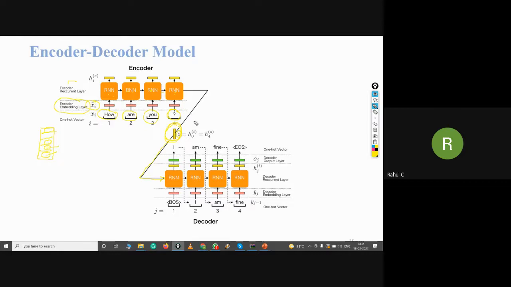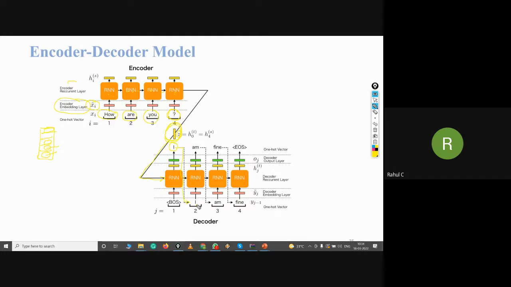This encoded information is going to the decoder. In the training phase, in the decoder, you can say this is I'm fine, and this is the start of the sentence. In encoding, first it is I, and this I information is coming here into the first RNN.